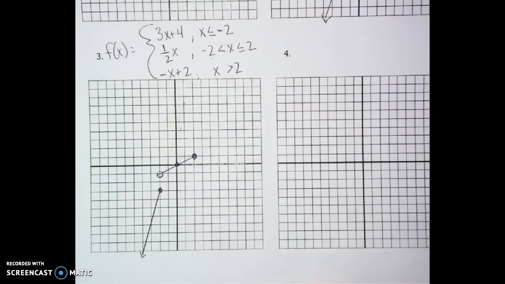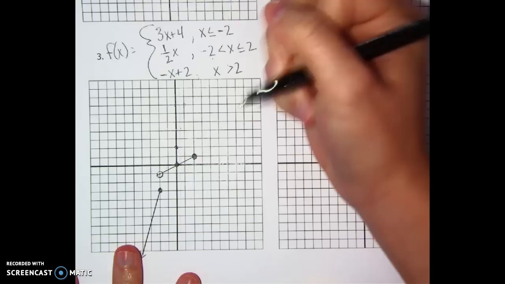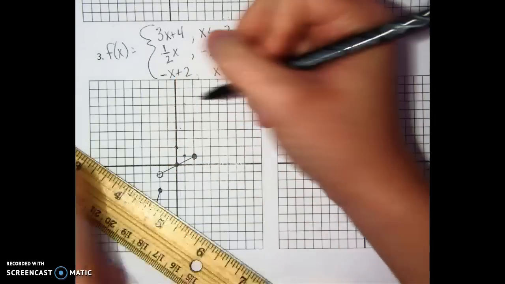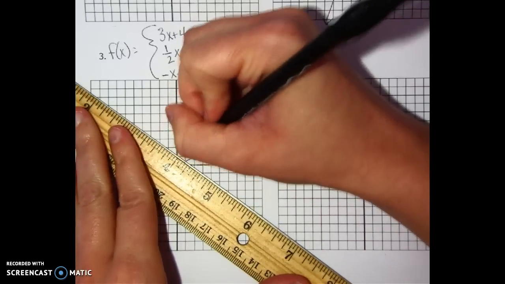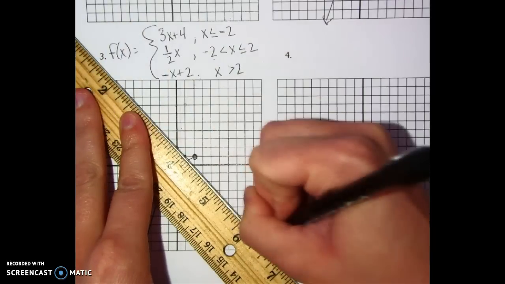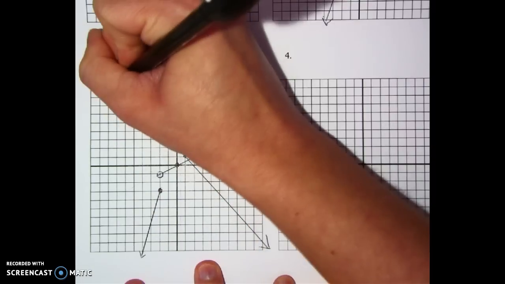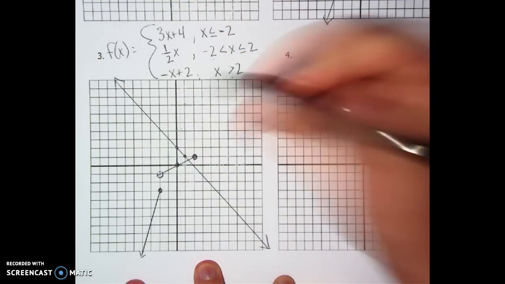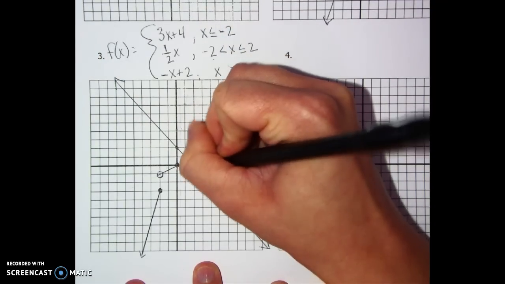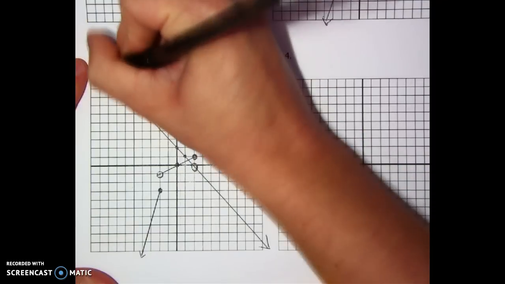Okay, and our last line, start at 2, and it says go down 1 over 1. I need an open circle at 2, which is about there, and get rid of everything on the left.